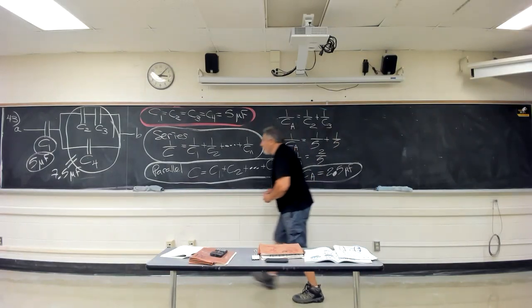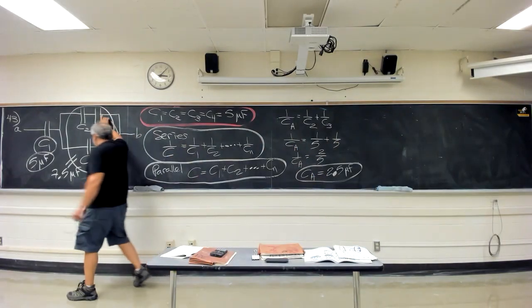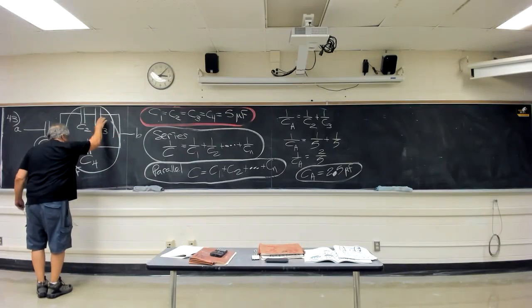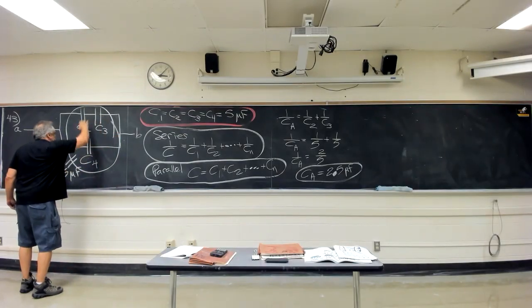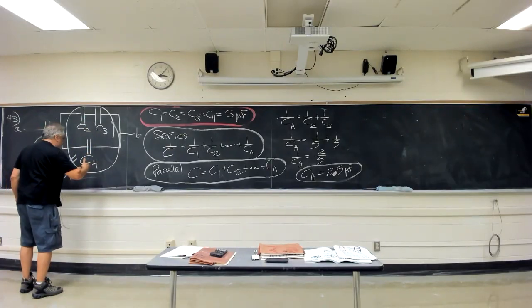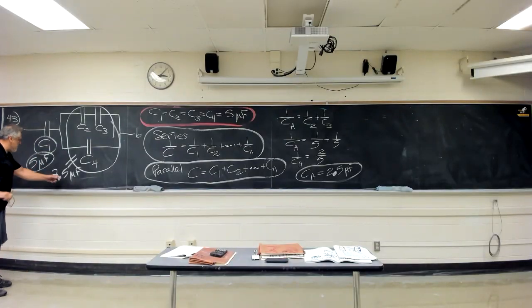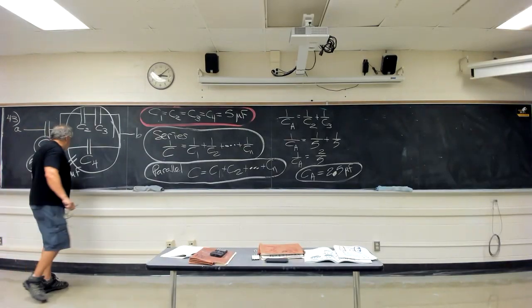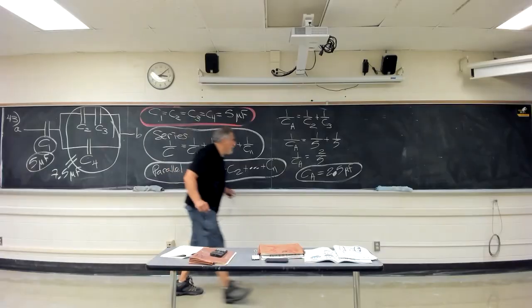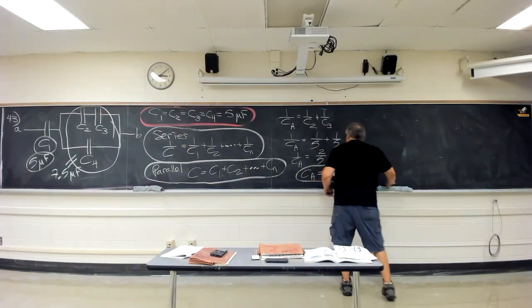CA is 2.5. 2.5 is up here. 5 is right here. Because it's parallel, you just add them. 2.5 plus 5 is 7.5. This is 7.5. This is 5. True, all of this is true.